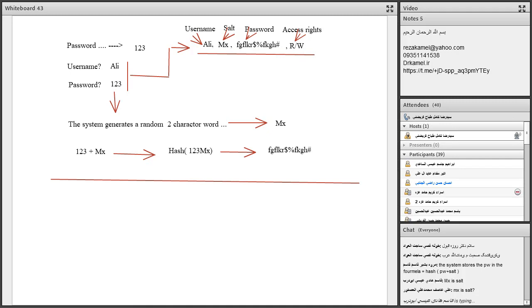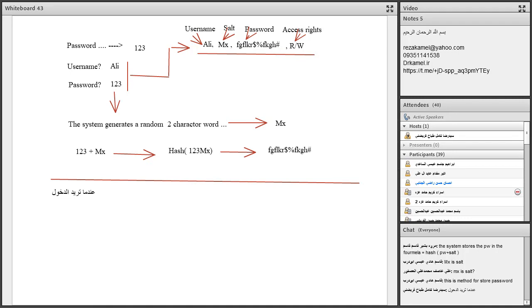Now when you want to enter, this is the next one. The first one was when you wanted to store the password.